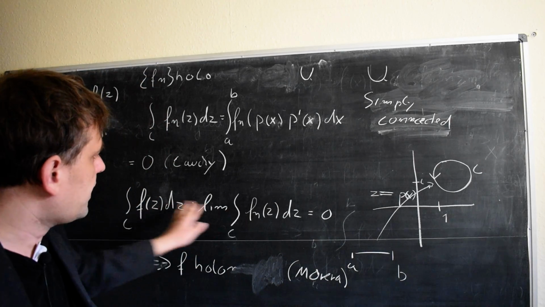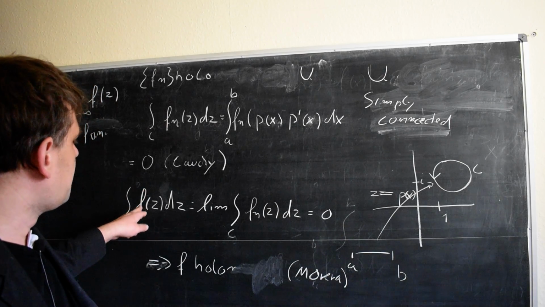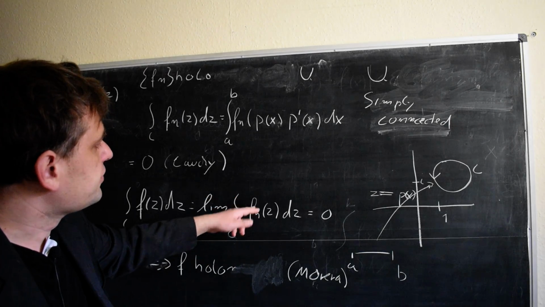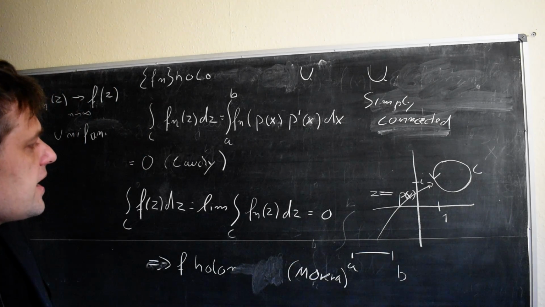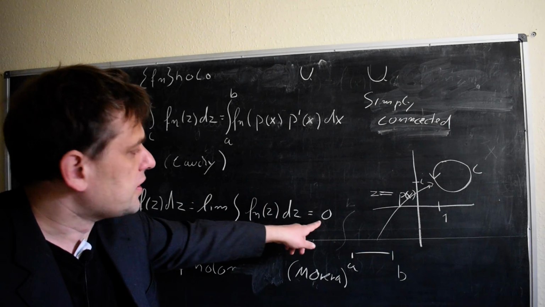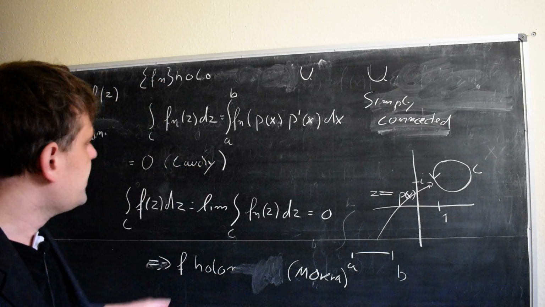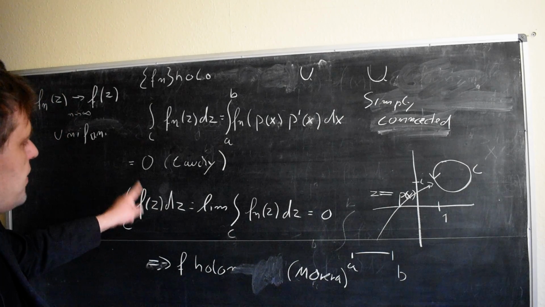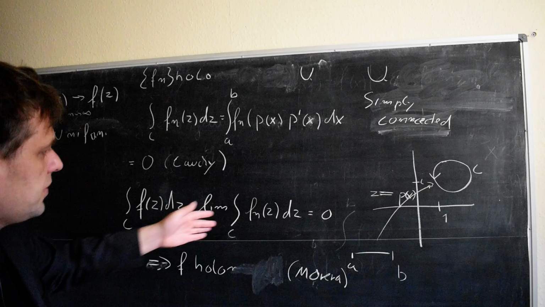So this is what allows us to do this operation here of expressing the integral of f as the limit of integrals of functions fn, which tend to f. And of each of these integrals in this sequence here, we know it's 0. This is what I've just said a minute ago. This was Cauchy's theorem. So we can conclude that for every contour C, the integral of our limit function f around this contour is also 0.